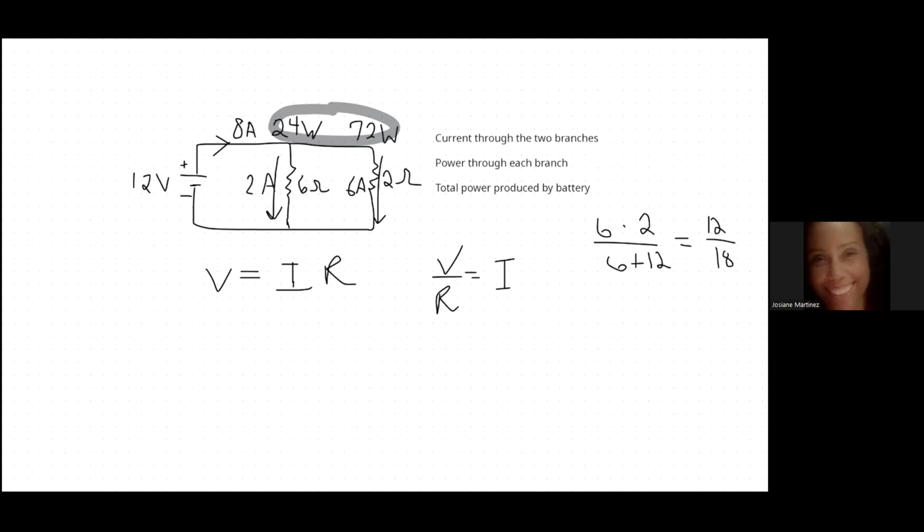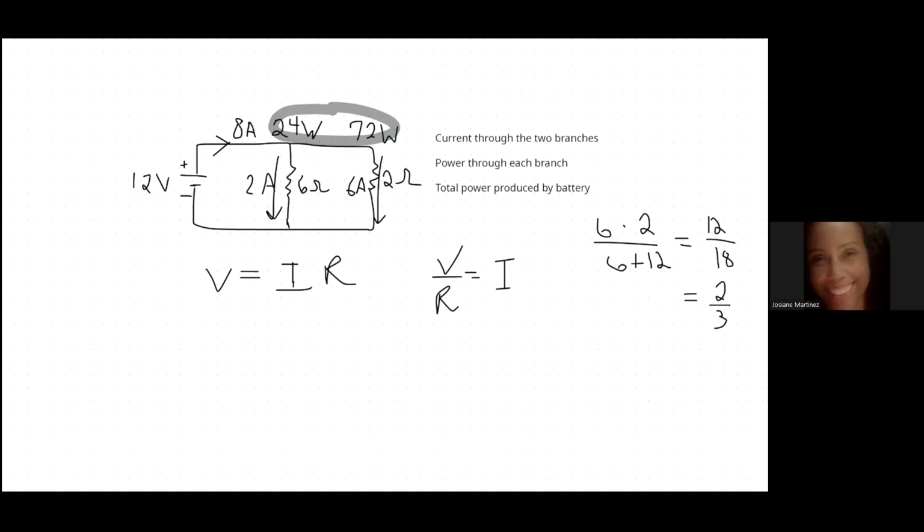Right? And we can simplify that. Divide out a 6, top and bottom, right? Could have done that over here as well. So we see that's going to be 2/3. 2/3 of an ohm. It's important to note that whenever you have parallel branches, the total resistance always drops.